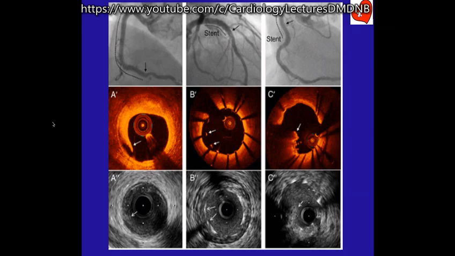I could see discontinuity in the intimal layer, sir, from near the arrow mark. Okay. So don't you have to describe other things? You're talking of OCT now, no? Yes, sir. But you have got 3 pictures here, no? Yes, sir.